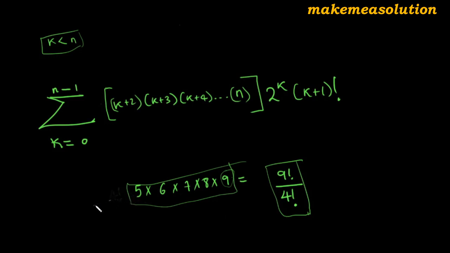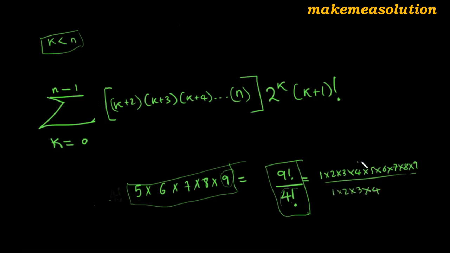So when we get to 5, we know that we're supposed to do 4, 3, 2, 1. Very good. And definitely this particular place has now captured it, because if you expand this, you're going to get 1 times 2 times 3 times 4 times 5 times 6, 7 times 8 times 9, divided by 4 factorial, which is 1 times 2 times 3 times 4.